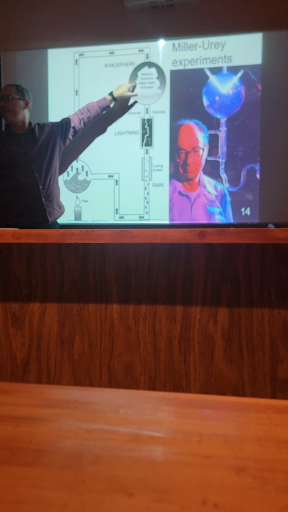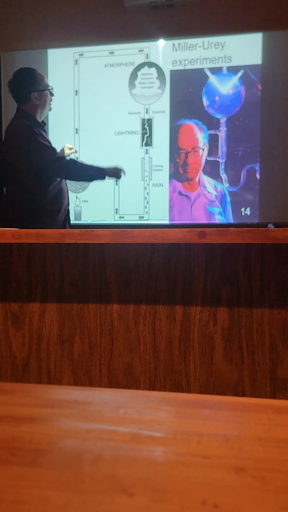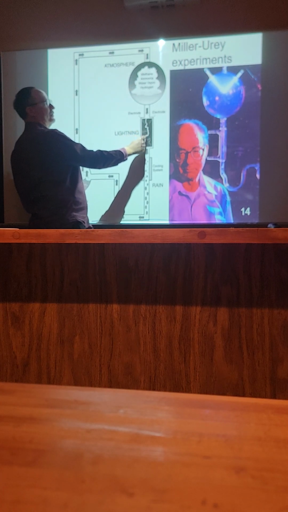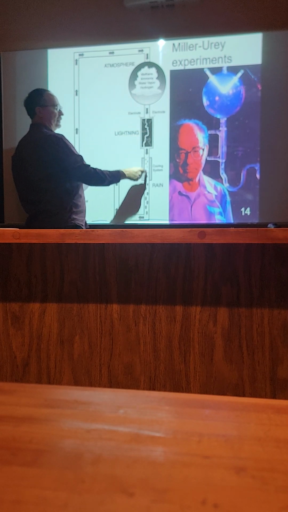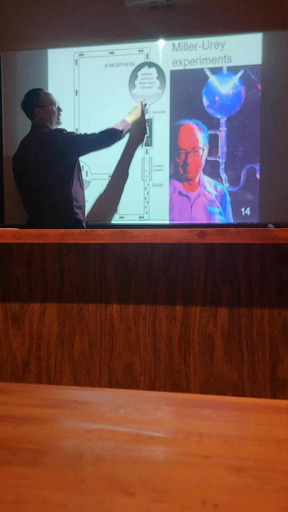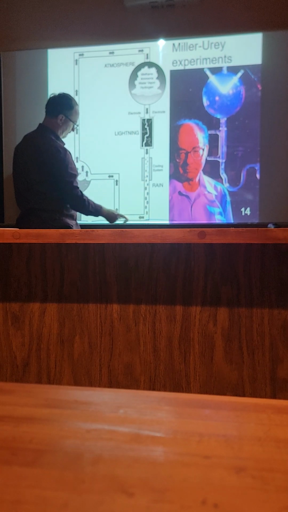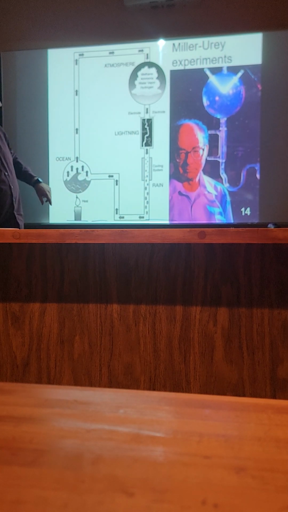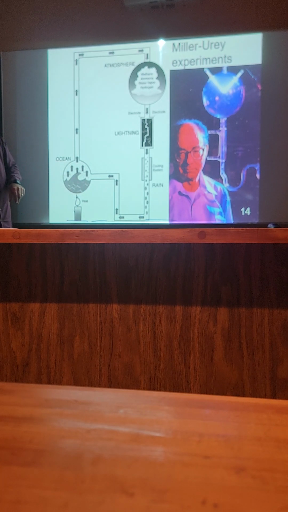So that's the raw atmosphere of the Earth. They added an energy source to these gases, and a condensation, a cooling system here to change the water vapor into liquid water. And then they were able to analyze what was accumulating down here in the ocean.